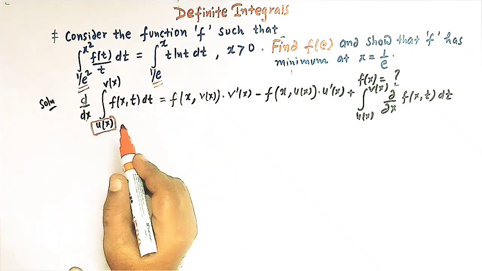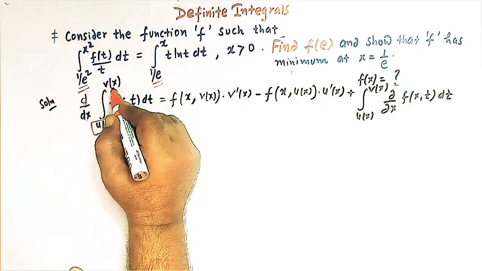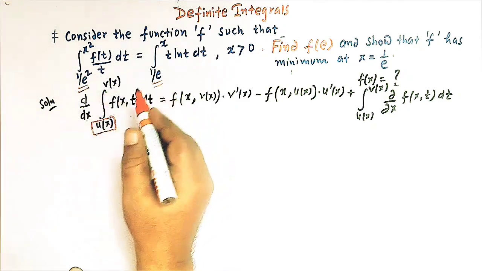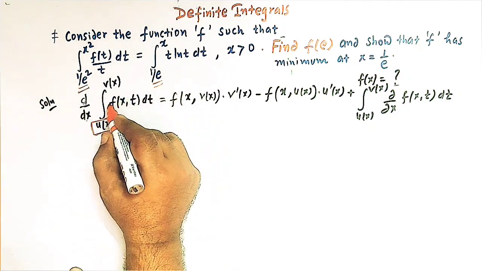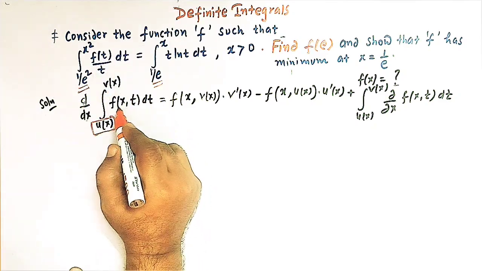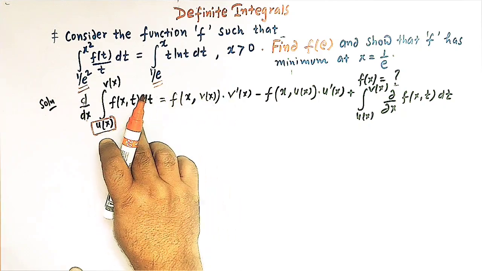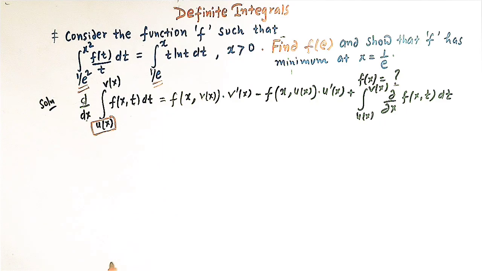So when we have the lower limit as a constant and the upper limit is some function of x, and moreover here f of x comma t, this is a mixed function of x and t. But if we have here only a function of t, then let us see how this Leibniz integral rule can be modified.